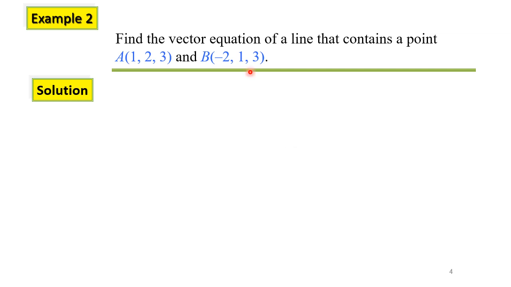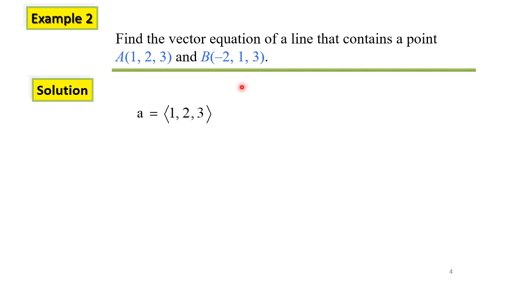Next, the second example. Find the vector equation of a line that contains points A and B as given here. Remember, to find the equation of the line, you should have a point and also a vector v.